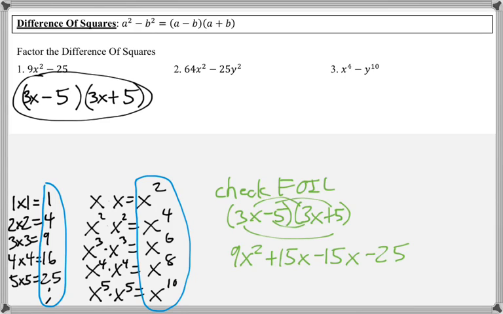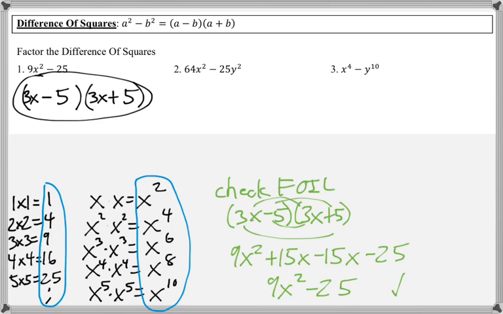And you'll see the middle terms cancel out. If you remember from the last chapter, we did have these two binomials where the middle terms cancel out. So this formula, this difference of squares, is really the reverse of what we were doing in the previous chapter.